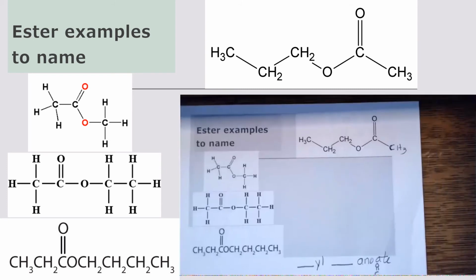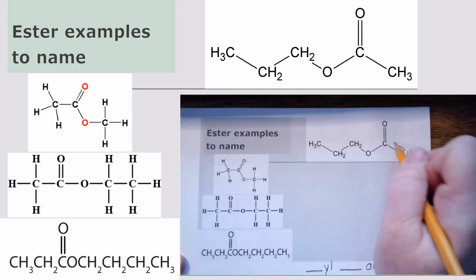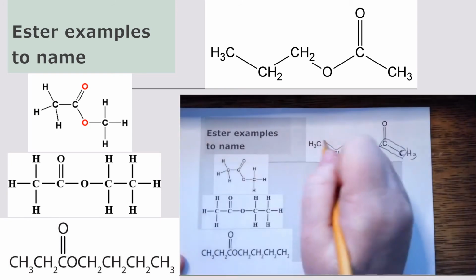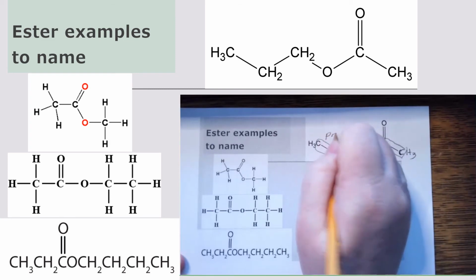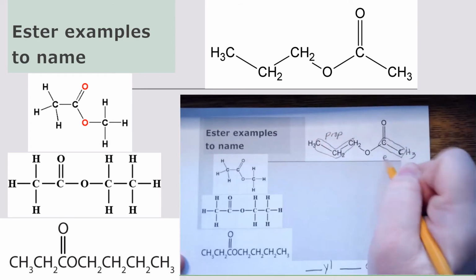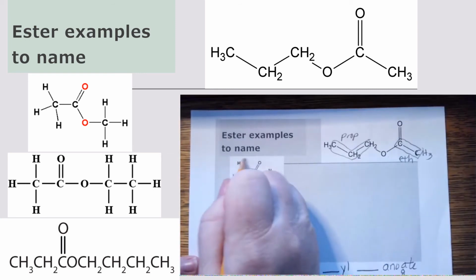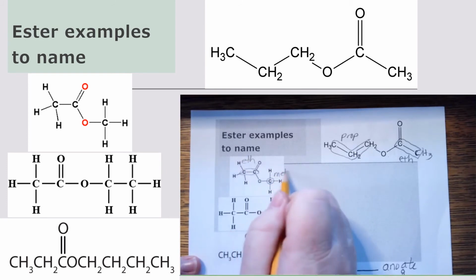All right. So let's go through and find carbon-carbon chains. Well, here is a chain of 2 broken up. Then it's a chain of 3. So that's prop. Okay, so look at this one. We have a chain of 2, eth, a chain of 1, meth.